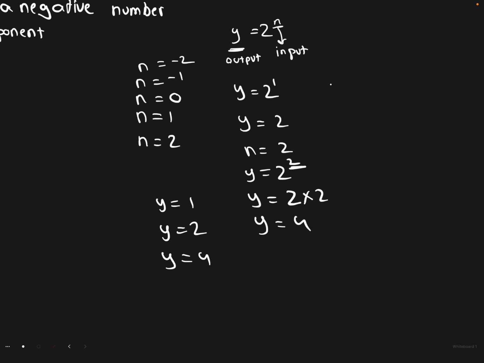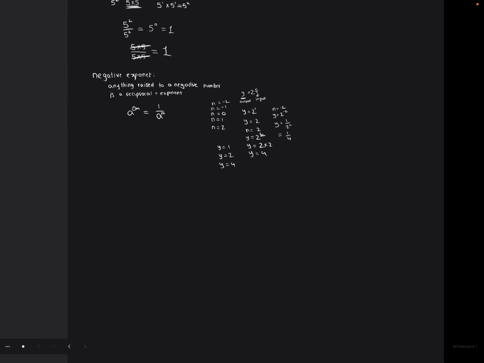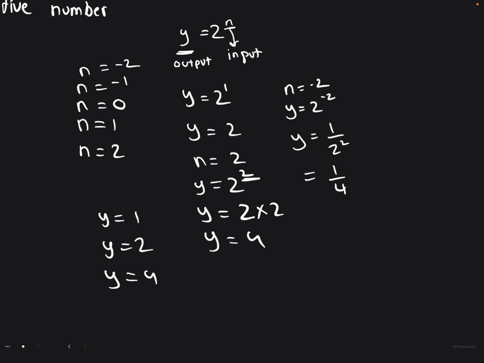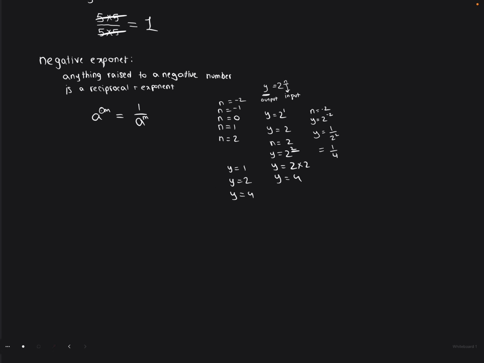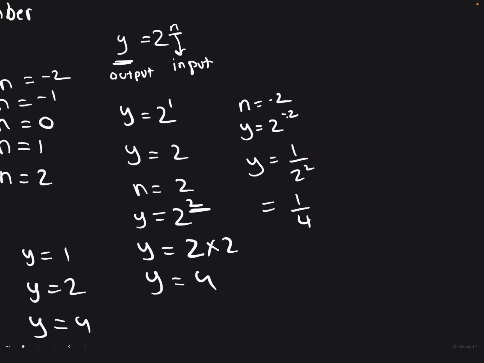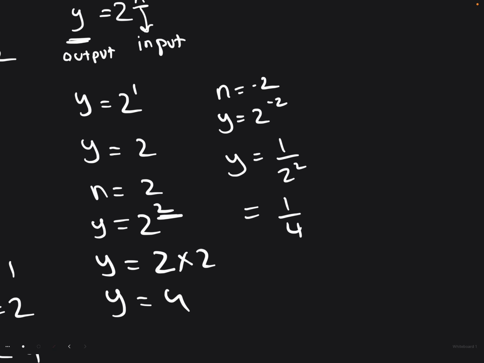Now n is equal to negative 2, so y equals 2 to the negative 2, which is going to be 1 over 2 squared, which is 1 over 4. Don't worry about how we're getting to the reciprocal yet. Just know that it's this negative part of the exponent that gets us there. We're going to learn about it in just a second.